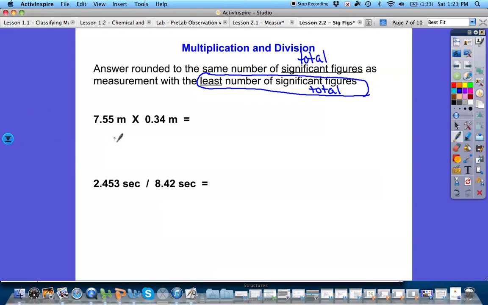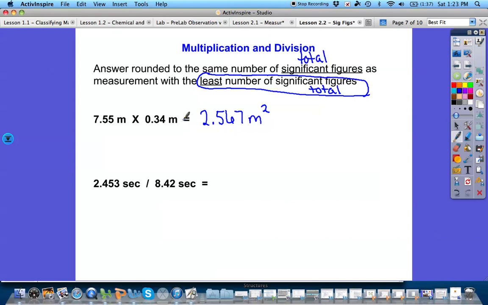So 7.55 meters times 0.34 meters. When we put that in the calculator, you get 2.567 meters. Meters times meters is meters squared.